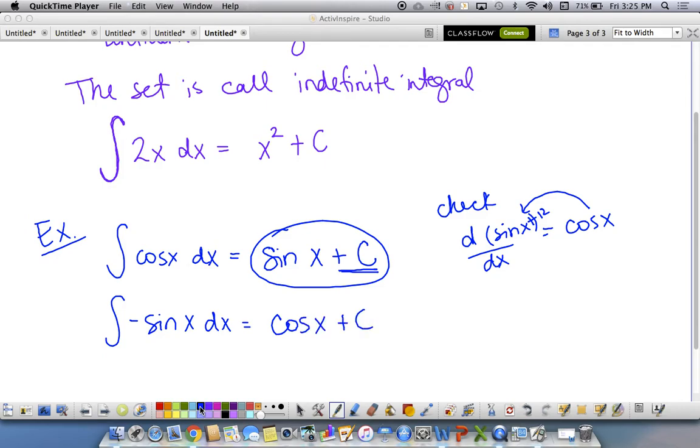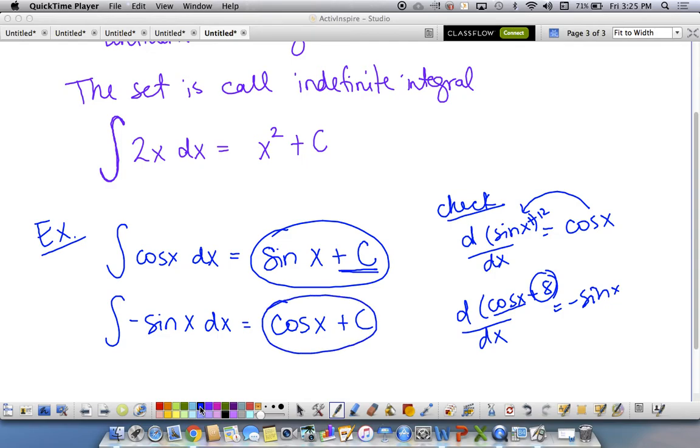Don't forget your constant. Do we need to check? What's the derivative of cosine x plus 8? I always put the constant, it helps me not forget. What's the derivative of cosine? It's negative sine. What's the derivative of 8? It's a big fat 0. Well, you're correct.